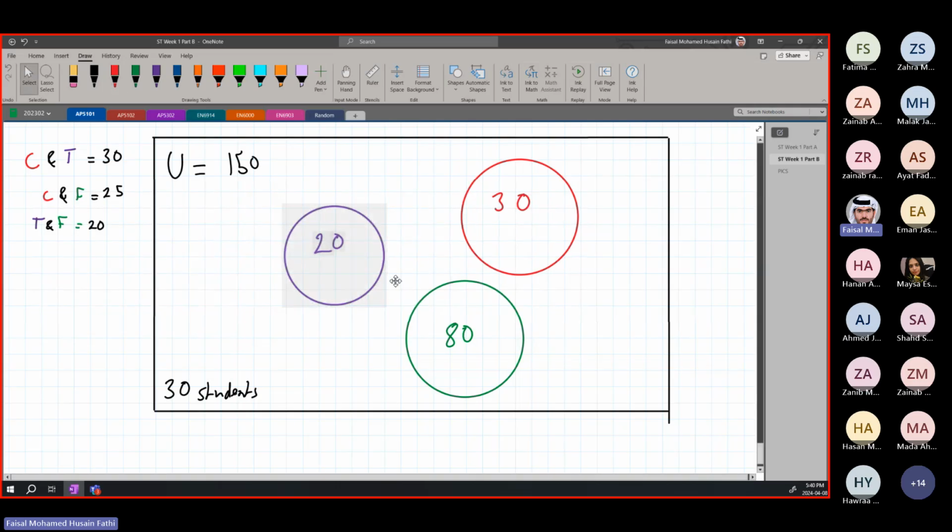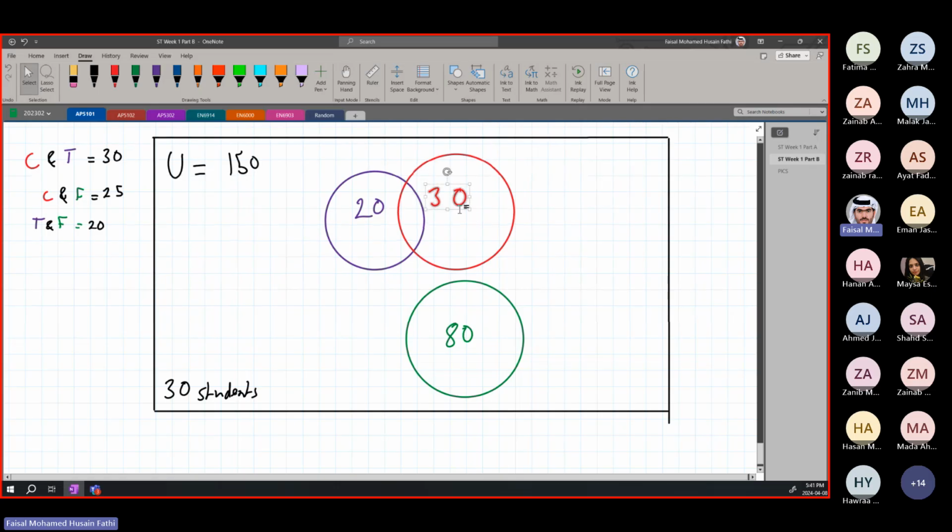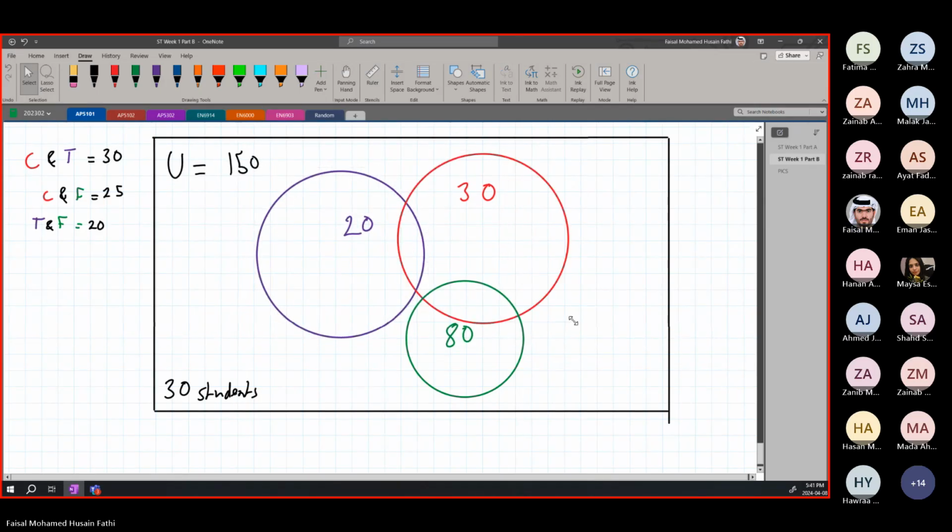I will tell you why I wrote it like this. So they're going to be overlapping. Now, this 30 is outside of the overlap, and this 20 is outside of the overlap. Let me make this a bit bigger.